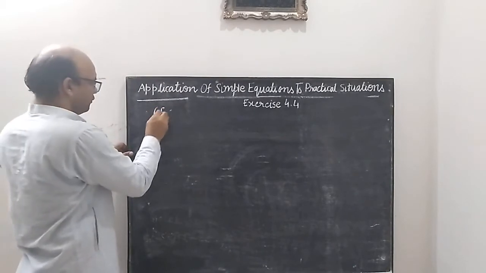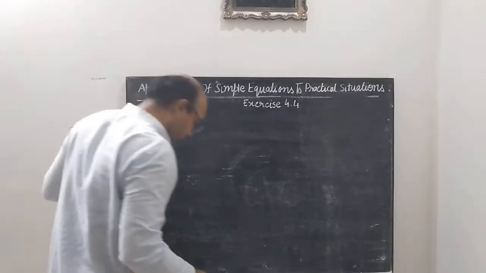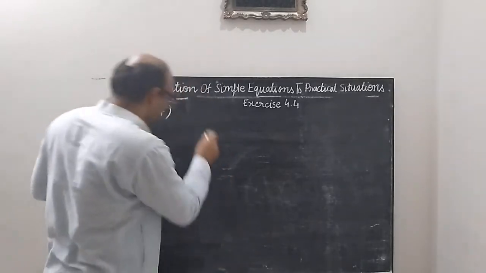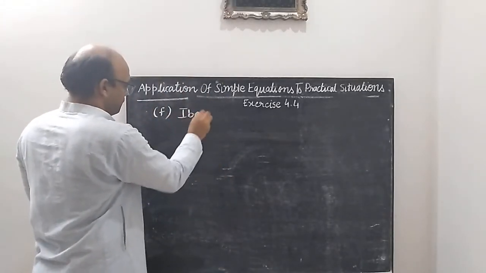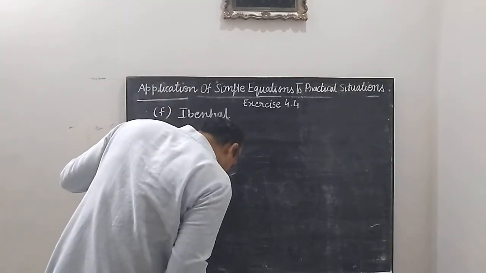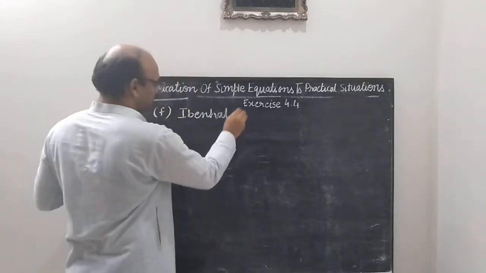Now just move on to the sixth part. Ebbinghaus thinks of a number.